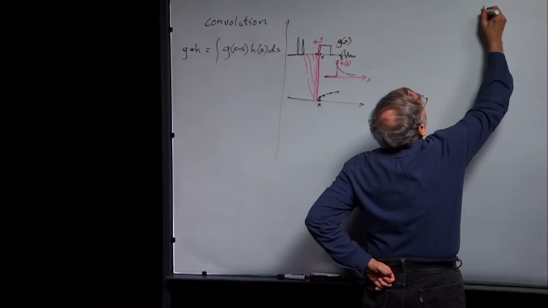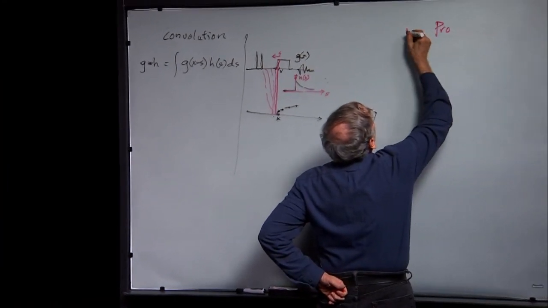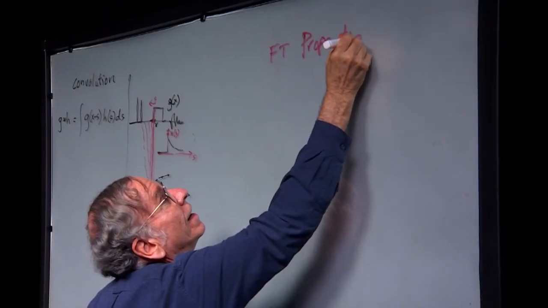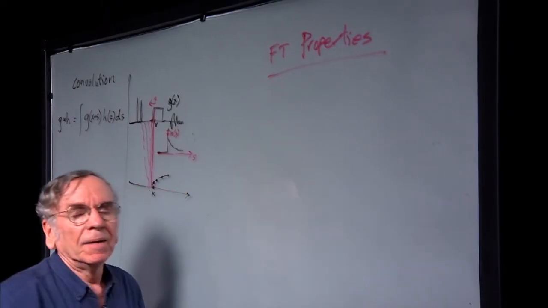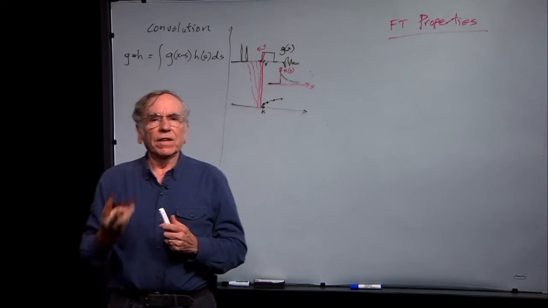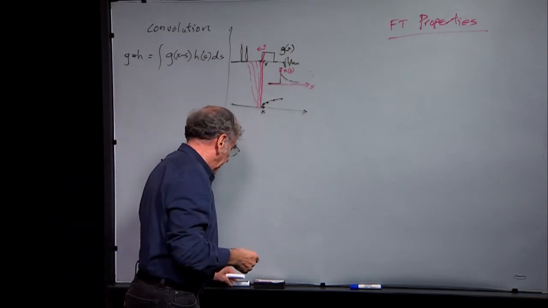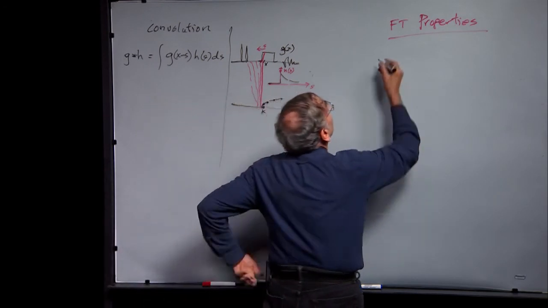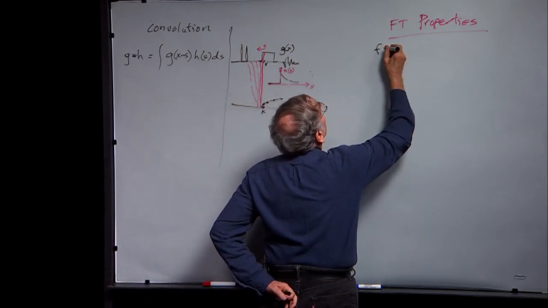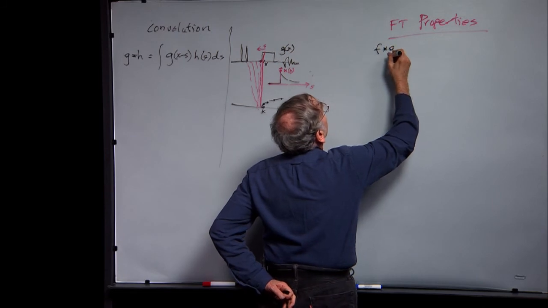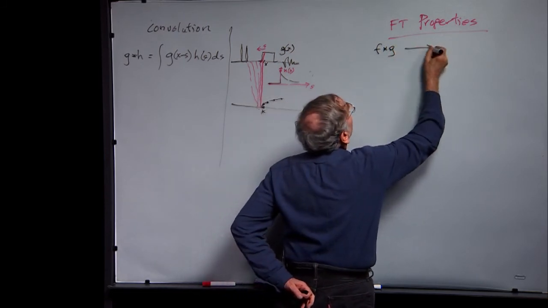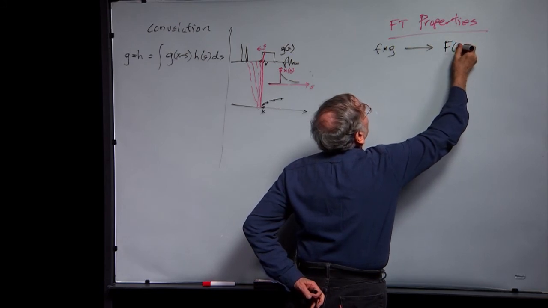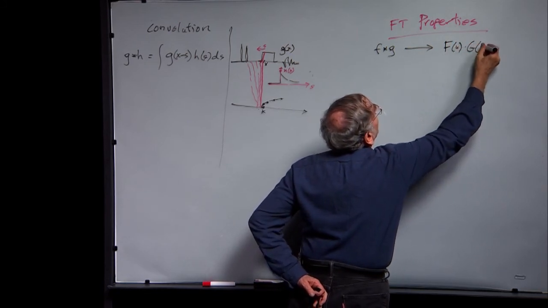So to add to my list of Fourier transform properties, remember last time we had linearity, scale, and shift properties. I'm going to add one more of these, which is convolution, which says that if I form the convolution of f and g, the Fourier transform of that is just f of u times g of u.